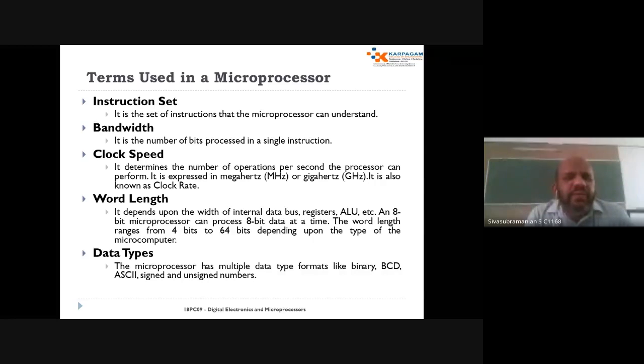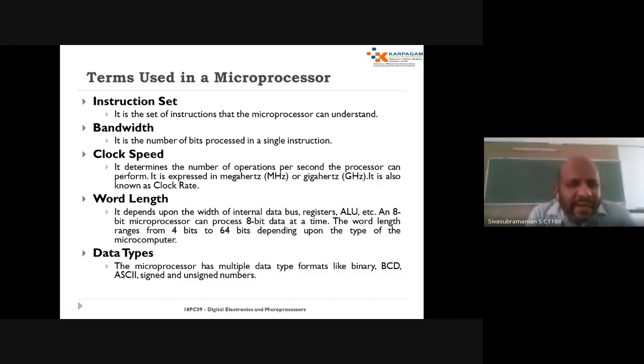So the commands that we give, like Move A comma B, Move M B. Those are what we call instructions, the set of instructions that a microprocessor can understand.